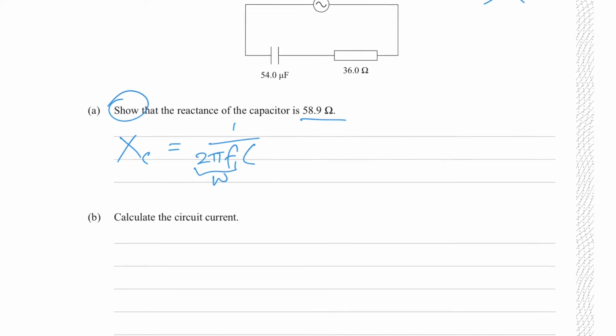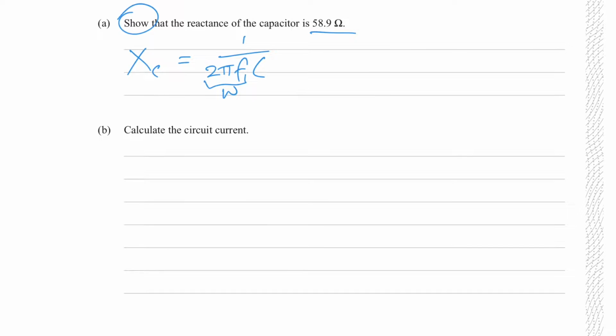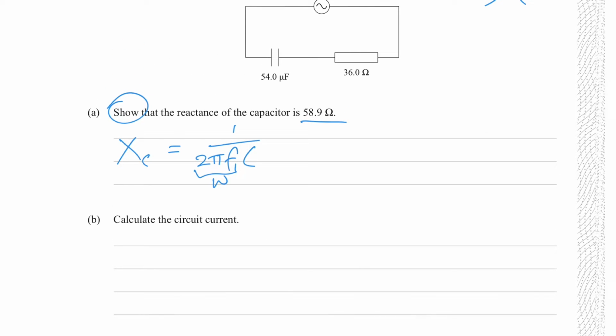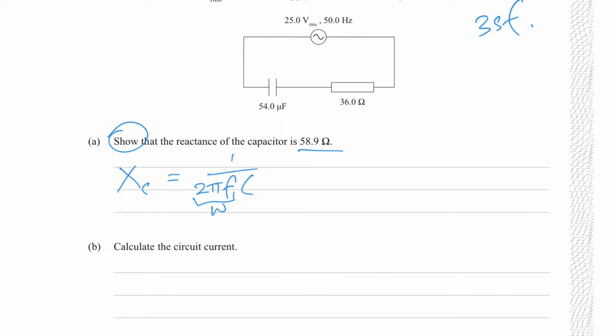B says calculate the circuit current. So we would have to use RMS values here. We're likely going to use V RMS of the supply equals I RMS, which is your circuit current, the one you're trying to find out, times Z, the overall impedance of the circuit.